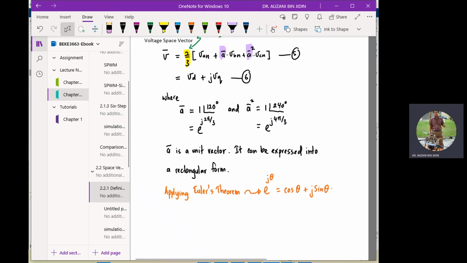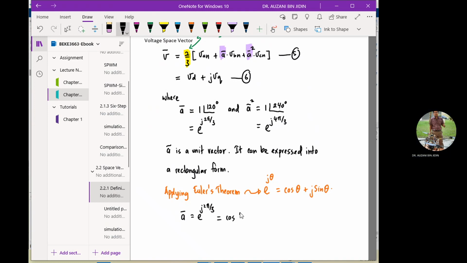So means here e^(j 2 pi per 3), applying Euler theorem, you just substitute in cos 2 pi per 3 plus j sin 2 pi per 3.